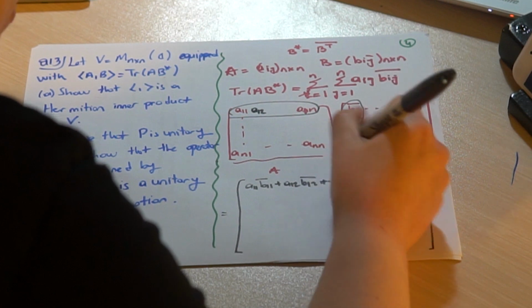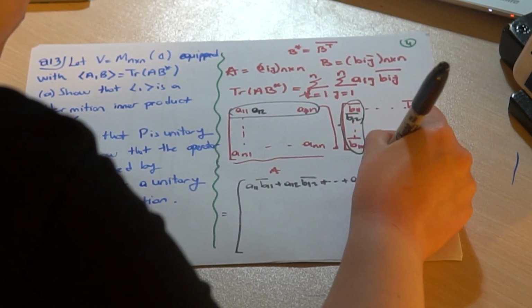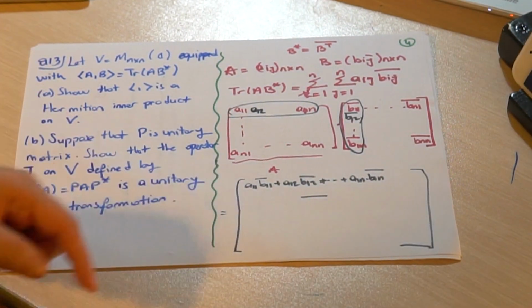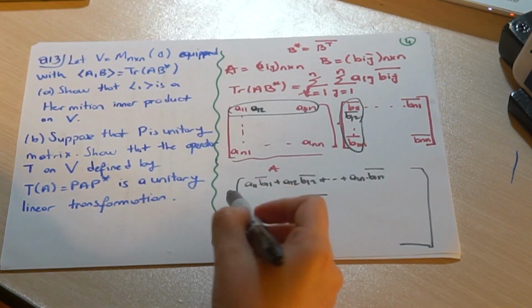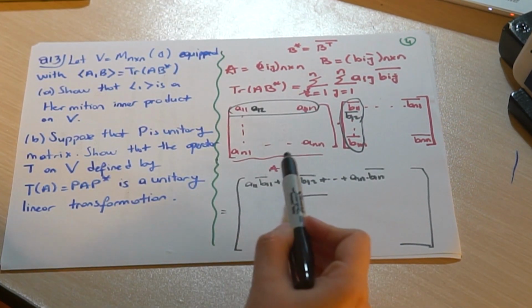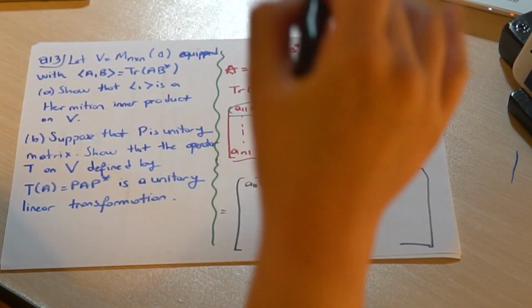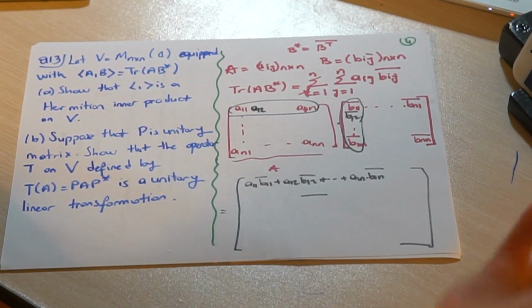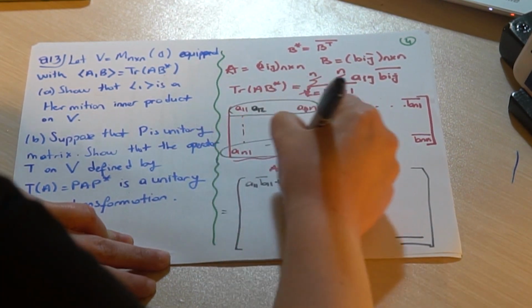And this goes on like this, and we will have A1n times B1n conjugate, right? And every middle entry we will have the same results. Let's say at the kth entry we will have Ak1 times Bk1 conjugate, plus Ak2 times Bk2 conjugate, something like this.